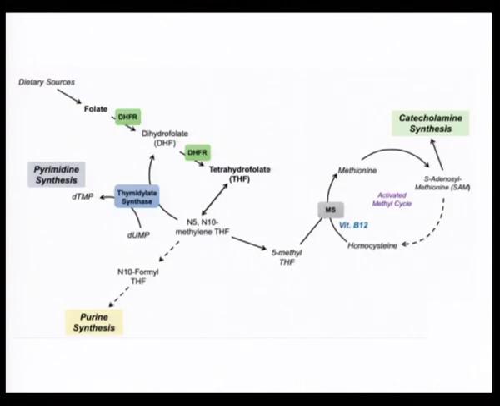This picture gives you a summary of exactly how tetrahydrofolate could participate and contribute in various reactions. The dietary folic acid comes in, dihydrofolate reductase converts folic acid into dihydrofolic acid, then dihydrofolate reductase again reduces it to form tetrahydrofolic acid.